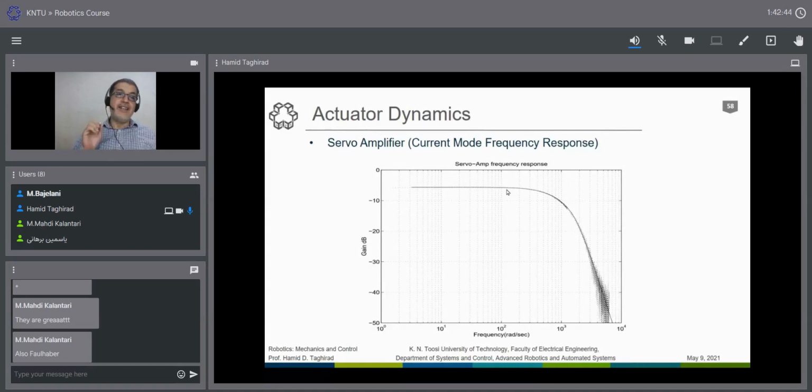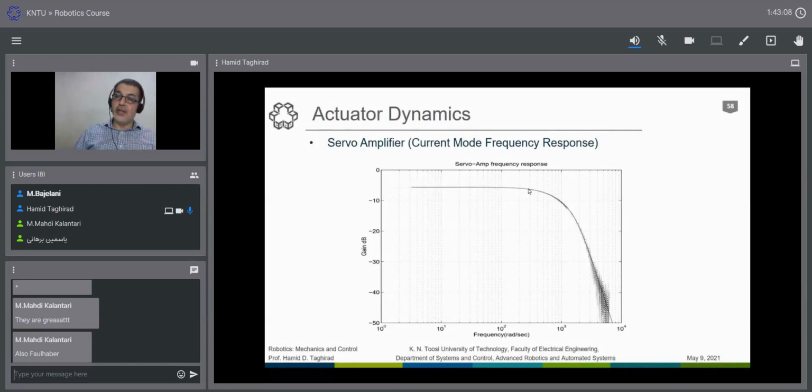You can consider that the back EMF is not disturbing you because of the feedback that you are using, and the function is almost one-to-one. You require a torque and you get the torque, up to almost 200-300 radians per second for the system.